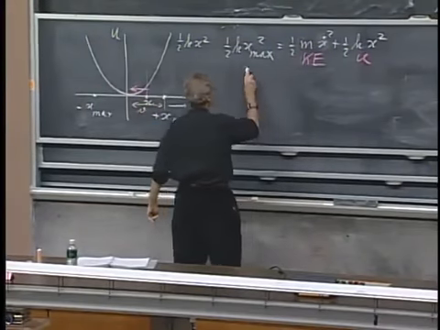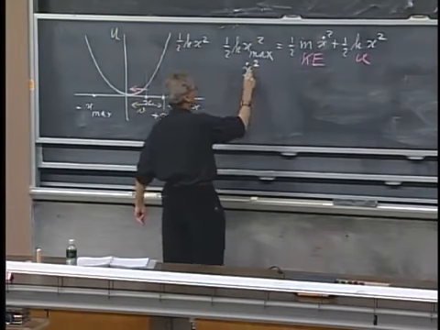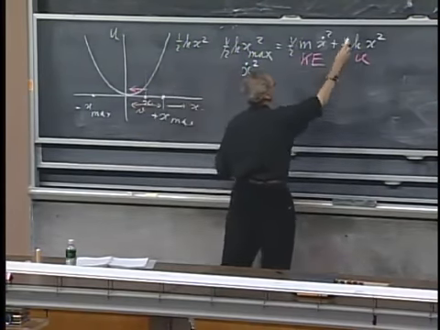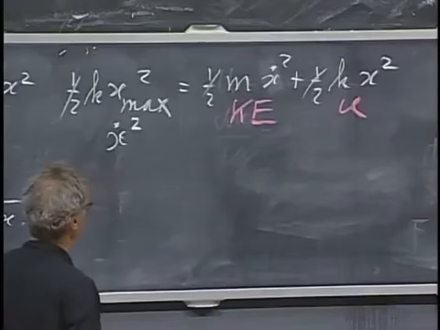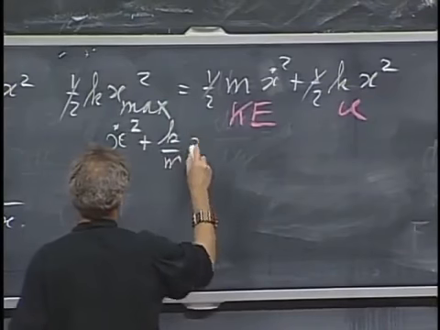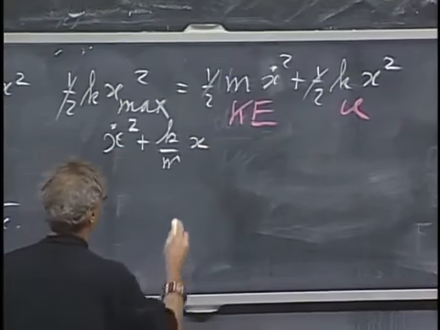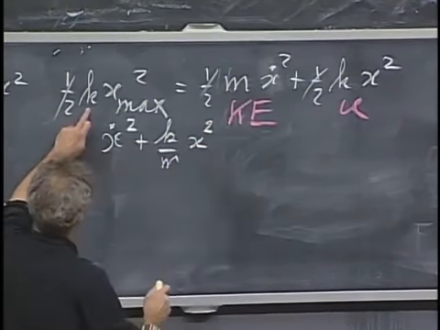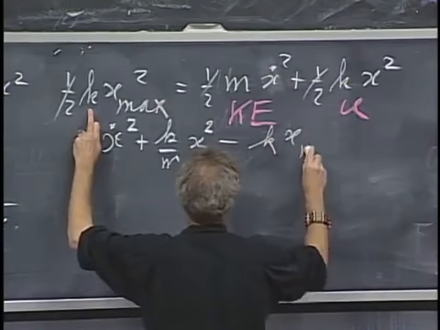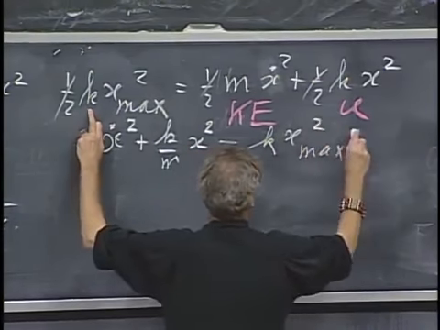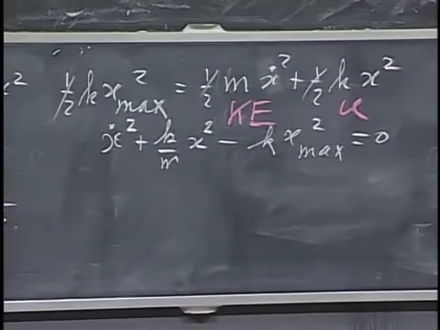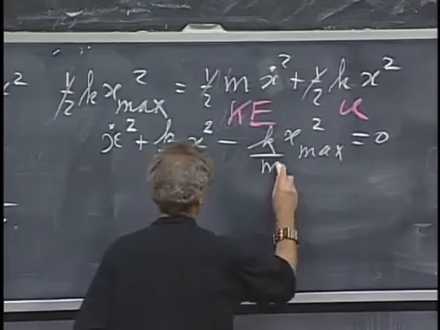I bring the x dot squared to one side. My halves go away, and I divide by m. So I get plus k over m times x squared, and then minus k over m x max squared equals 0. Did I do that right? Yes. I divide, oh, there's an m here, and the m has to be here.